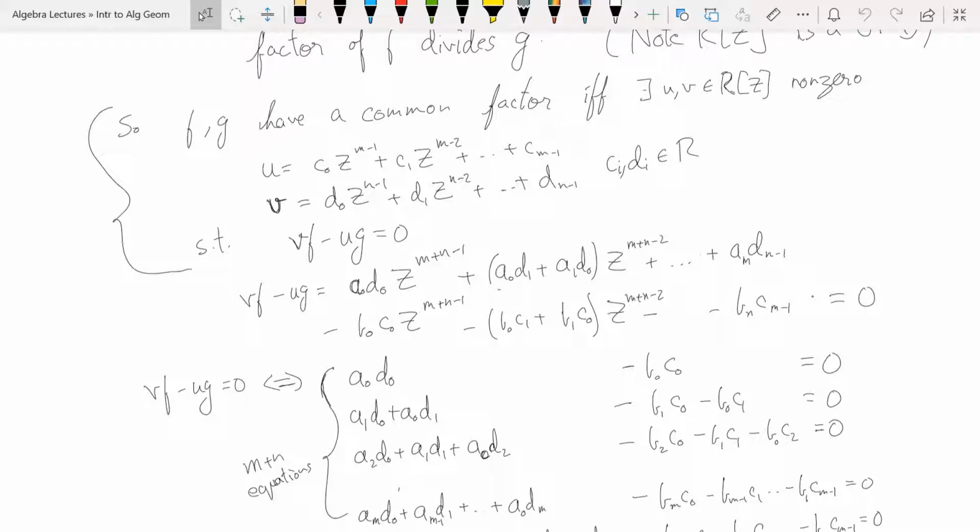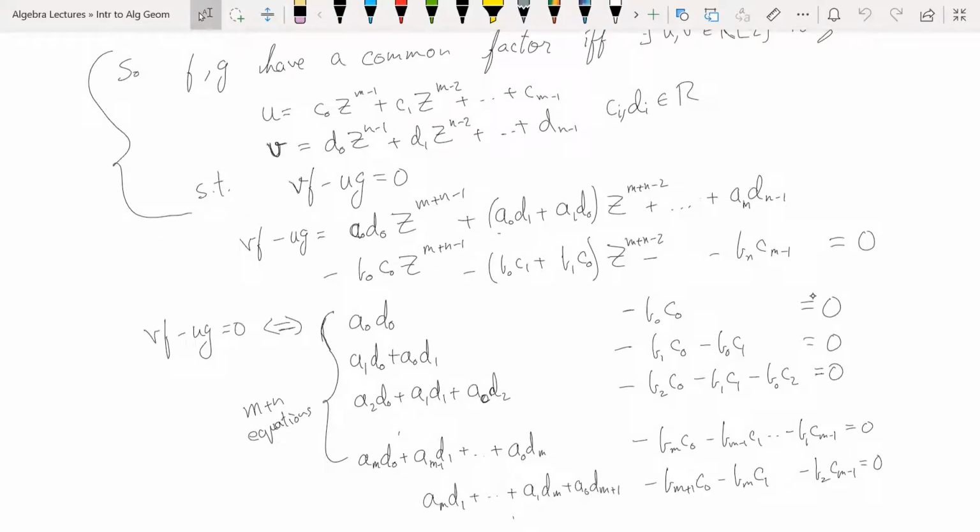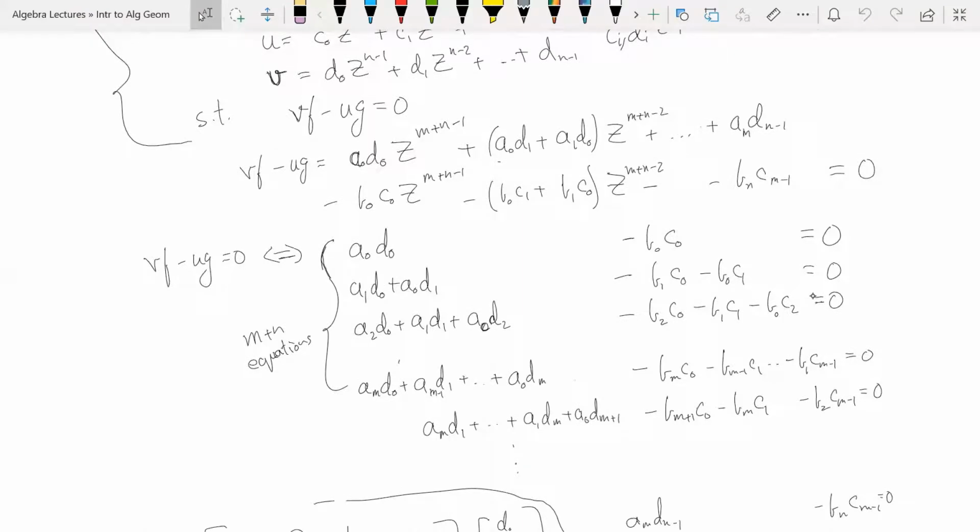One should think of the Ci's and Di's as variables, and we are trying to write down equations involving them. Yeah. So there are m plus n of the Ci's and Di's. So if we have m plus n equations, then we can say when it has a non-trivial solution, and so on. Yeah. So that's what we are doing.